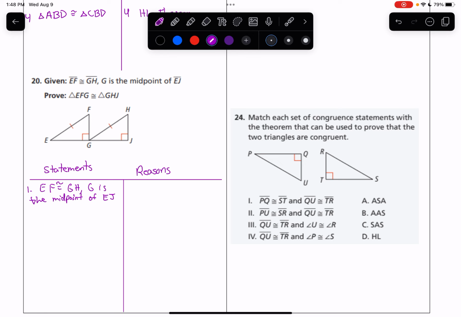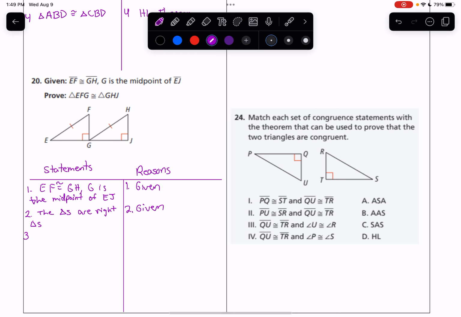So I'll just put it in a separate step so it doesn't get too crowded. This is given, but also step 2, the triangles are right triangles. We need that in order to use the hypotenuse leg theorem. That is given because it's in the diagram.